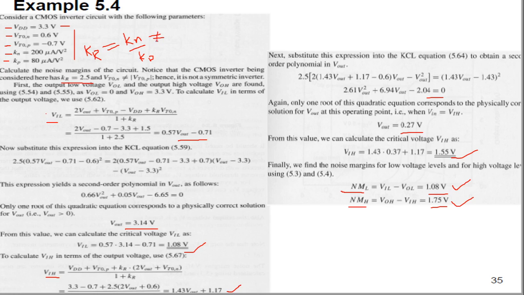So we say that this is not a symmetric inverter, this is an asymmetric inverter. For this non-symmetric inverter, the value of noise margin low comes out to be 1.08 voltage, and the value of noise margin high comes out to be 1.75 voltage, right?